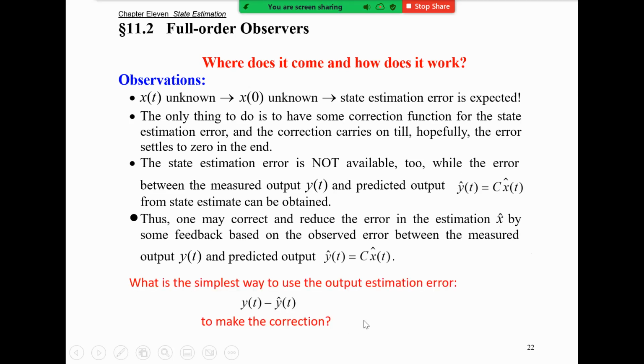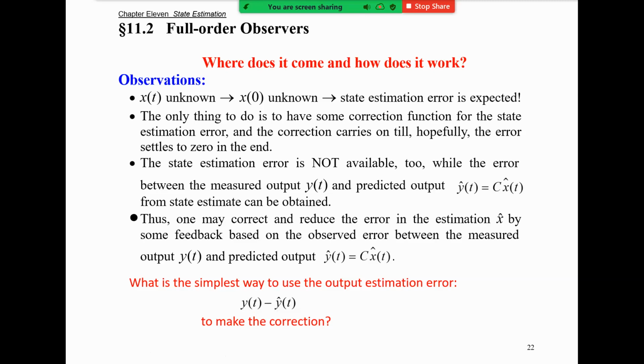Okay, therefore let's say the output you can measure, right? This y hat you can compute from your estimation algorithm, and we want to use the difference of those two signals. And what is the simplest way to use this estimation error? What is the simplest controller you have studied?